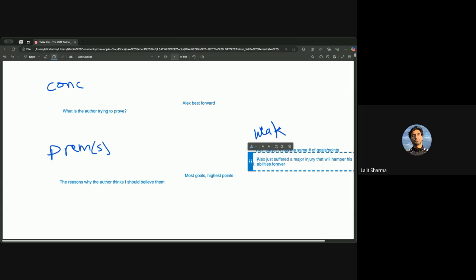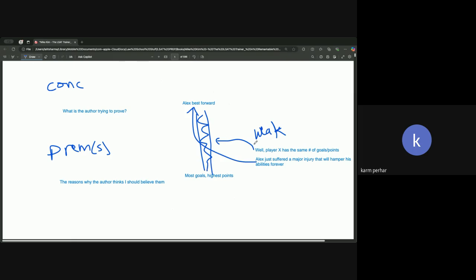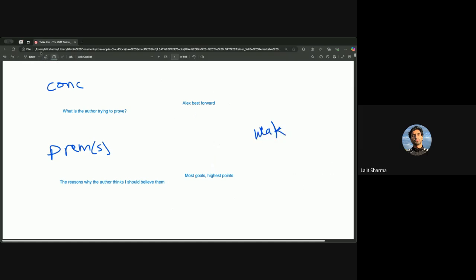Right? So this is more of just directly attacking the conclusion, whereas this is more attacking the link between the two. This one. Okay. So you can do it in both ways, but typically the LSAT likes to do it the first way. Okay, but you can think about it in both ways.